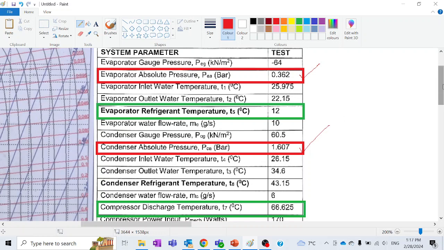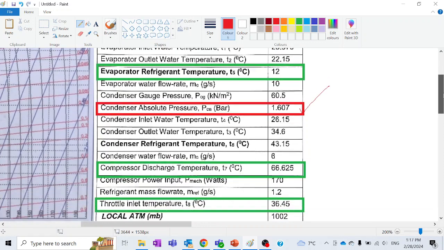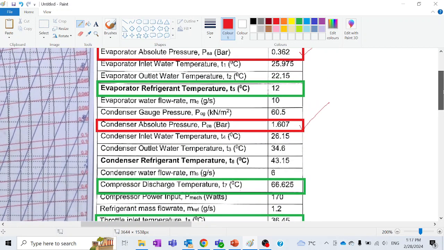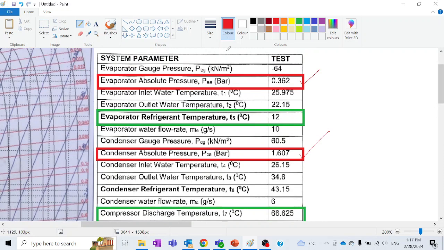We also need some other information. For example, the evaporator refrigerant temperature, for which we have obtained the reading from the experiment. The refrigerant then enters into the compressor.